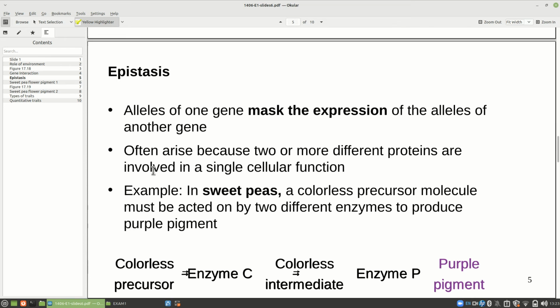Epistasis is this idea of one gene masking the expression of another gene. Very similar to your big H and your little h and your dominance, except this may happen across two different genes. You may have one gene at a completely different place on the chromosome and maybe even on a different chromosome, but the effects of one might affect the other gene in a very similar way as our alleles did with a big H and a little h on the two homologous chromosomes.